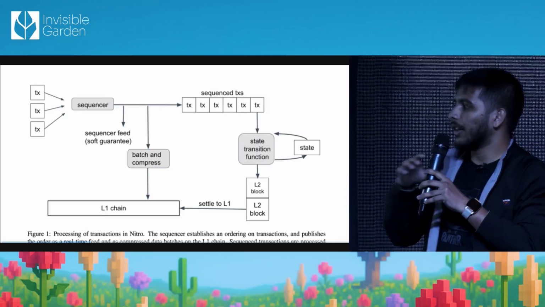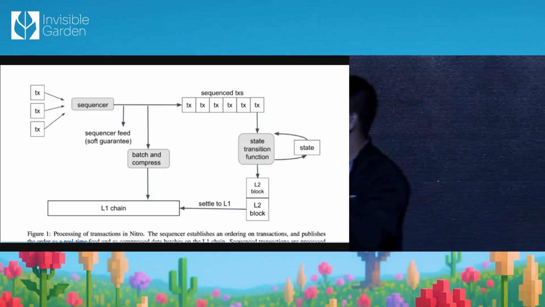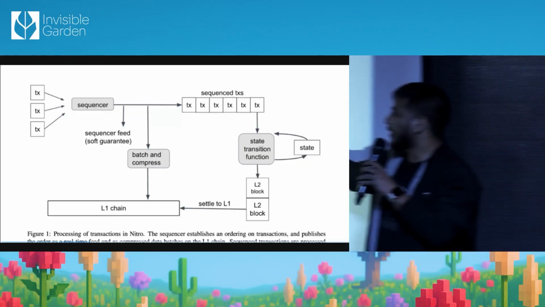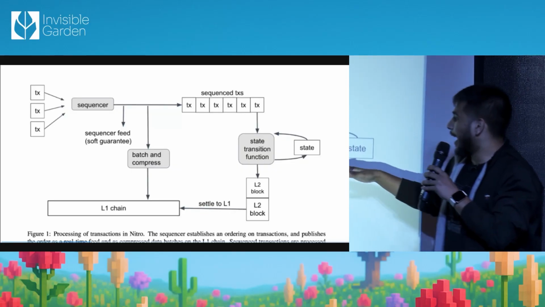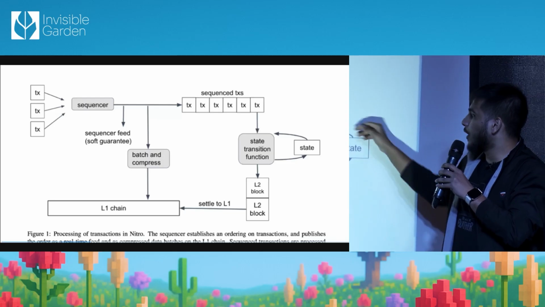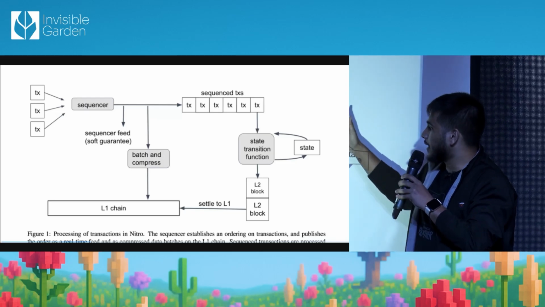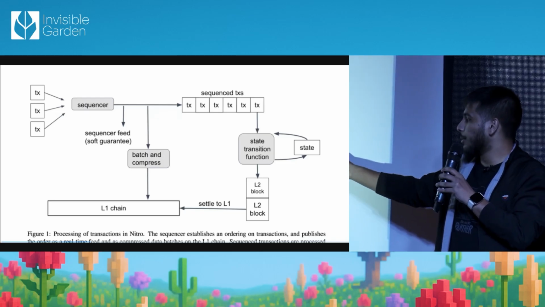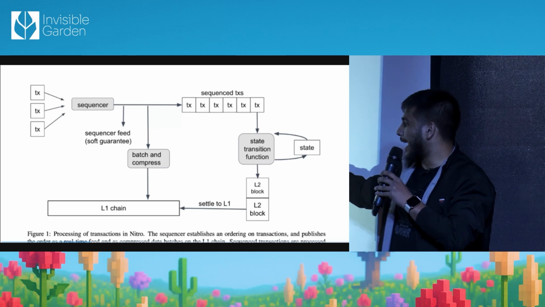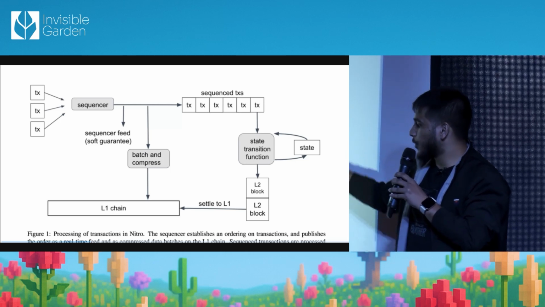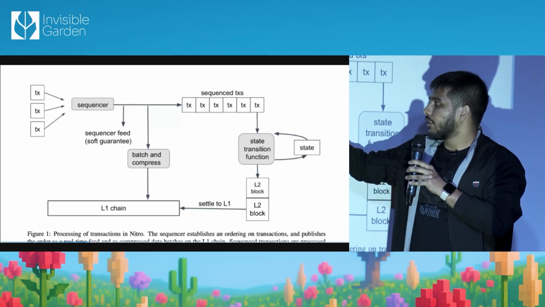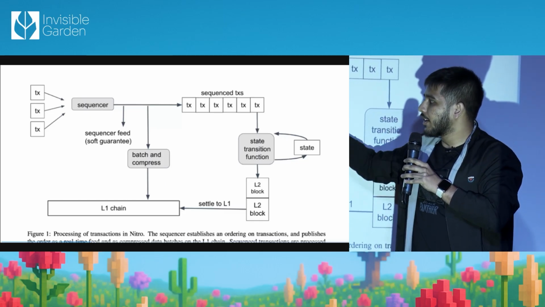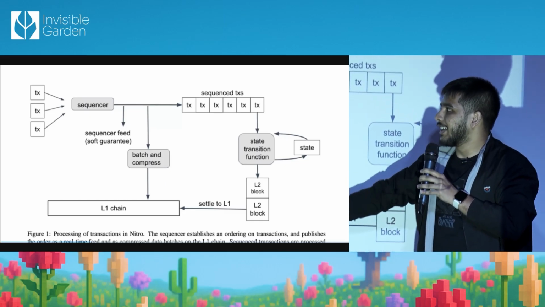Since Ethereum is a state machine, we have a state transition function. Every transaction is put into the machine one by one, the state updates, and after all the transactions are through, the block is created, and whatever transactions are sequenced are posted on the chain itself.